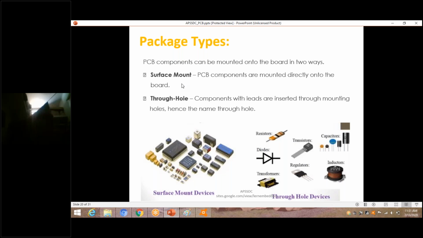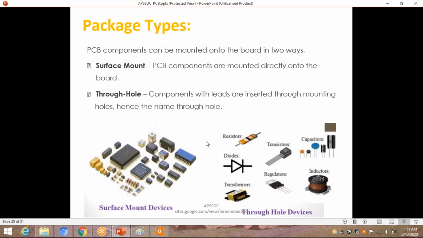We have two types of packages. The first one is the through hole method or through hole package. These are the through hole components, basically what we come across in our labs: transformers, regulators, resistors, diodes, capacitors, etc. And surface mount devices.